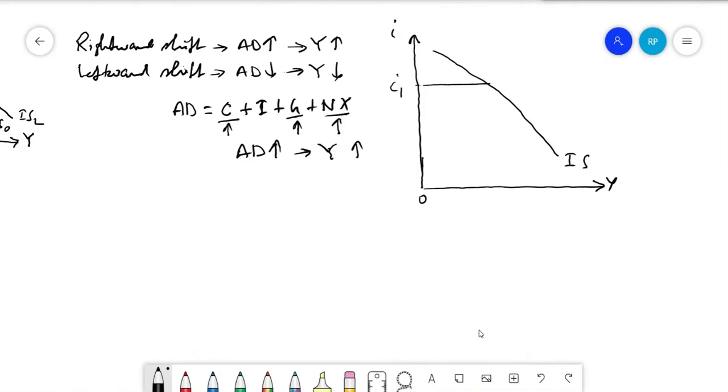If I1 is the interest rate and say Y1 is the level of income, let us consider any of these factors is going to change.